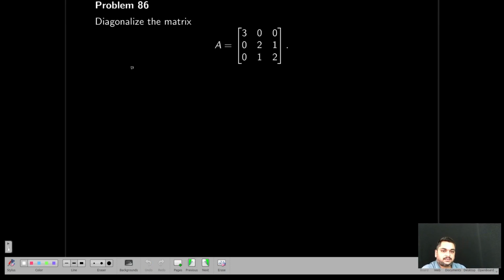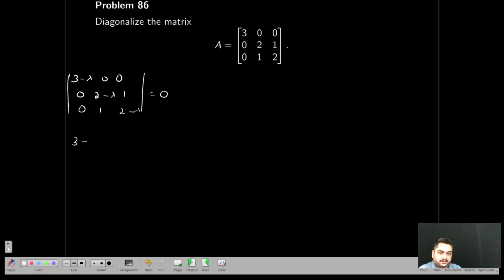Next, diagonalize this matrix. First you have to check whether it is diagonalizable or not, and then if it is diagonalizable, find the diagonalization. First find all the eigenvalues. So this will be 3 minus lambda, 0, 0, 0, 2 minus lambda, 1, 0, 1, 2 minus lambda. The determinant of this should be equal to 0.